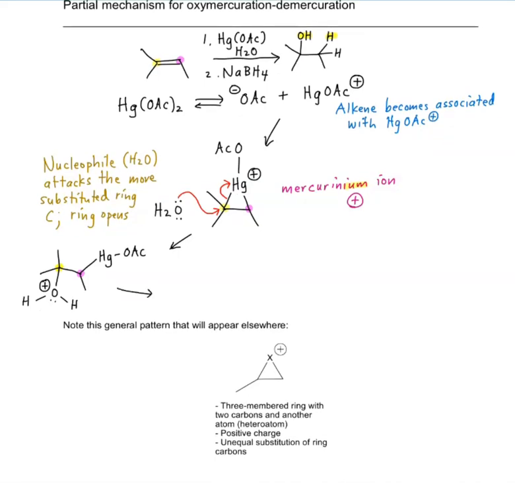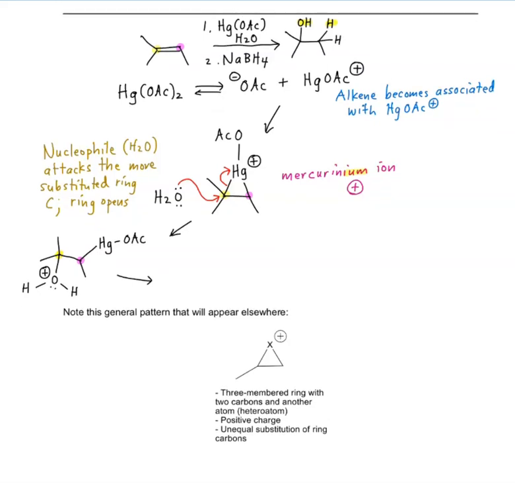Now, what we've seen in the past, when water attacks, for example, a carbocation, you end up with this structure, and then you have to pull a proton off of it to get the neutral OH group. So that's going to happen here as well. We can draw, for example, a water molecule, or it could be an acetate ion that would accept this proton. So you'll see this drawn using different bases that are present in solution.